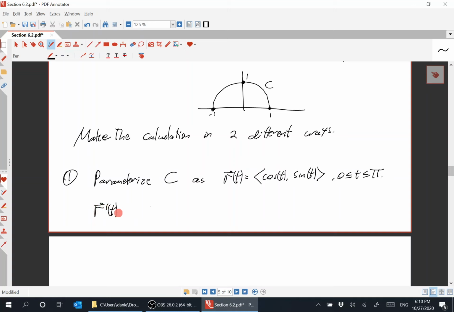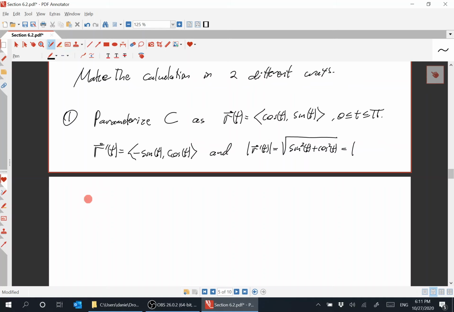So r prime of t is equal to minus sine t, cosine t, and the length of r prime of t is equal to the square root of sine squared t plus cosine squared t, which is just 1. Nicely enough.